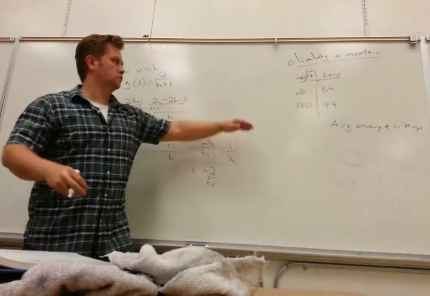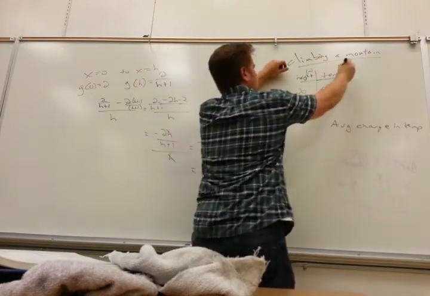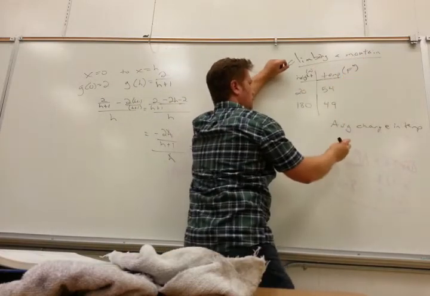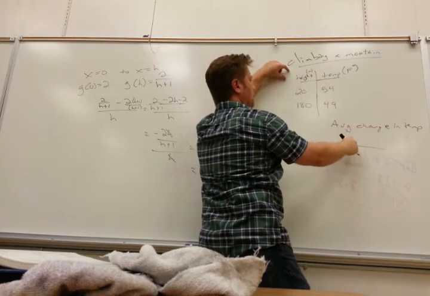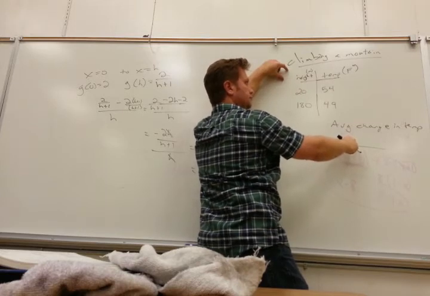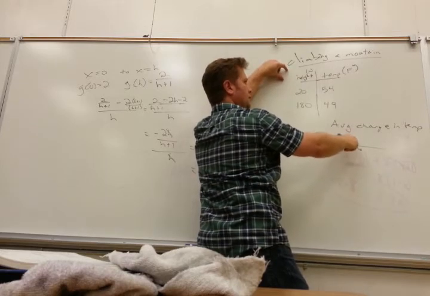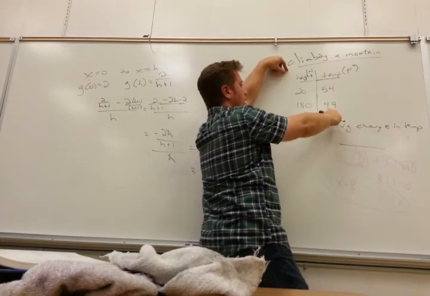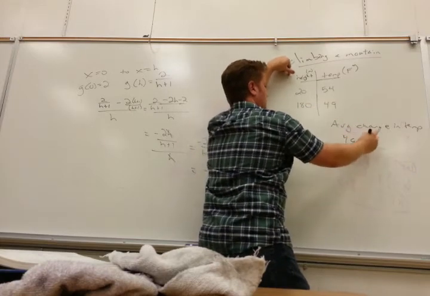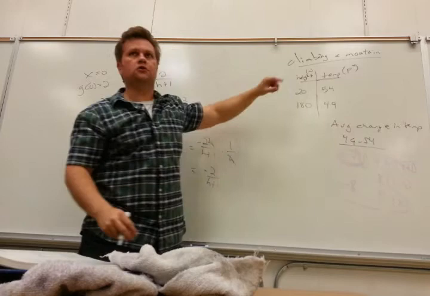What would you do? Subtract the 20 from the 180. This is in Fahrenheit. Yeah, what goes on the top? Outputs, right? Your y's, 49 minus 54. Or the other way around, as long as you do them both the same way.